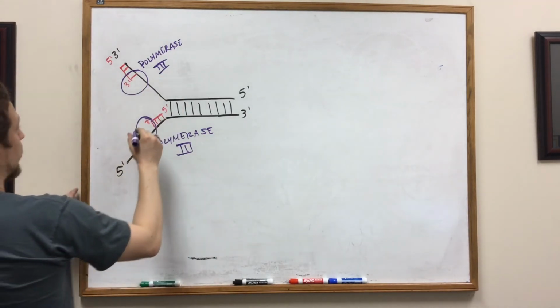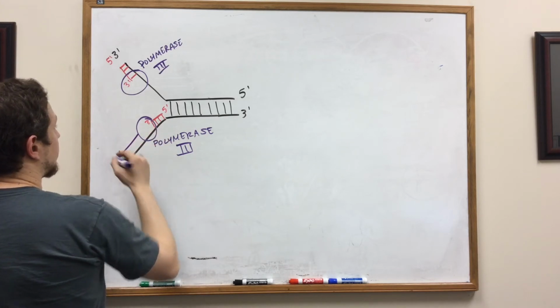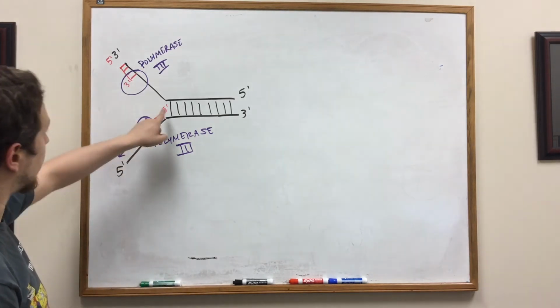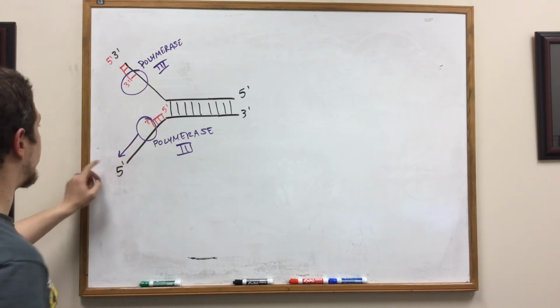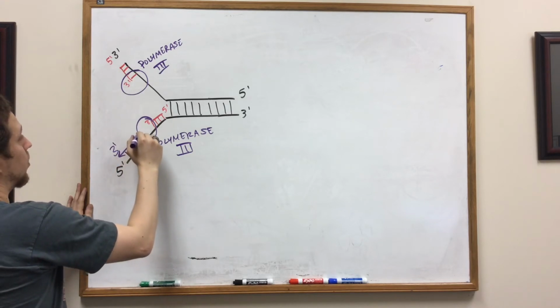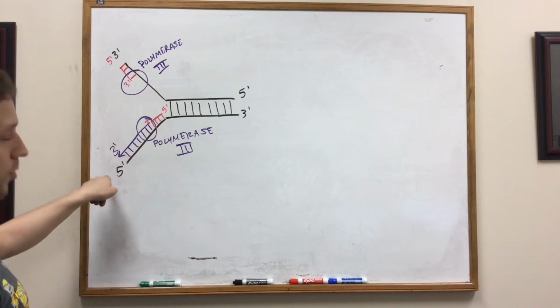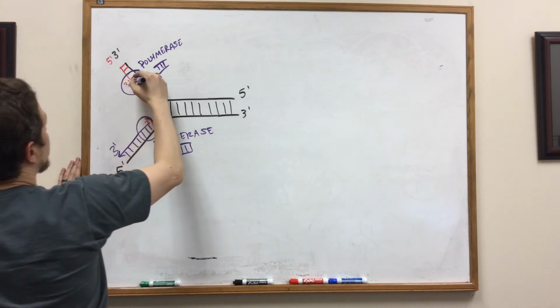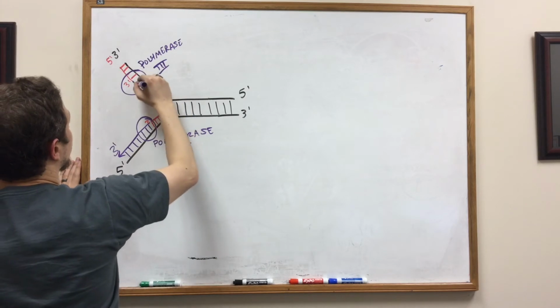This polymerase 3 is going to begin moving in this direction because polymerases always synthesize the new DNA from the 5' end towards its 3' end. So they're always adding to the 3' end of the molecule. So as it synthesizes DNA, it's going to be moving in this direction. This polymerase up here, though, is going to be synthesizing new DNA in this direction.